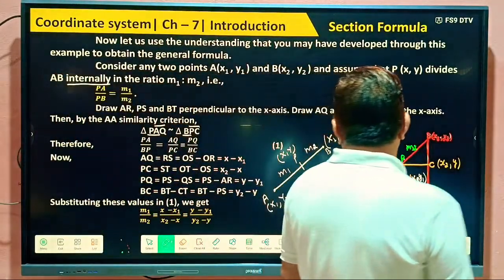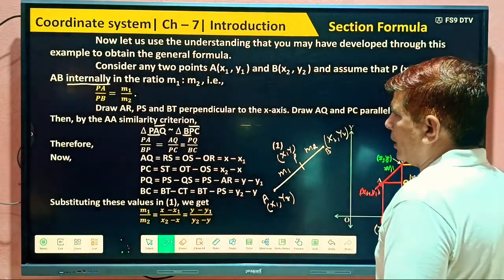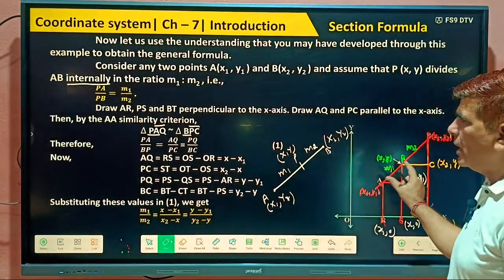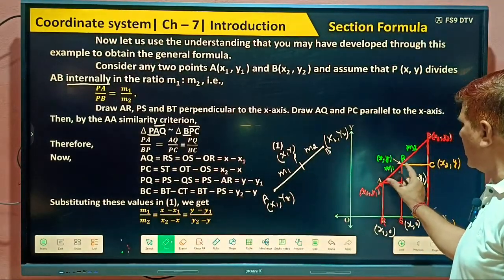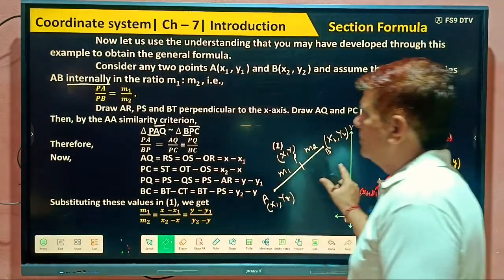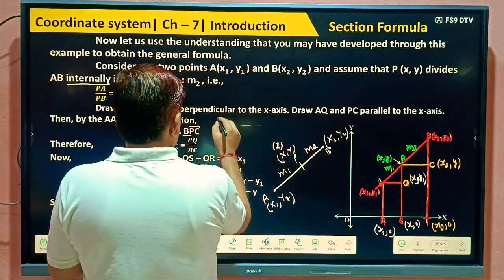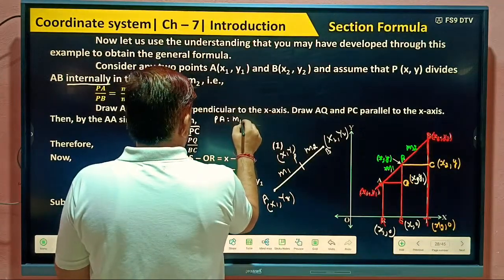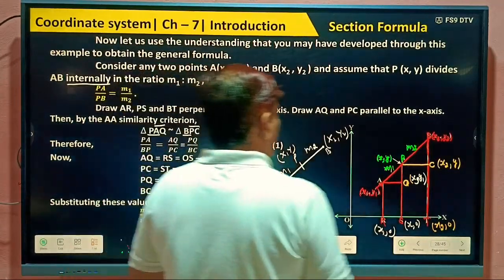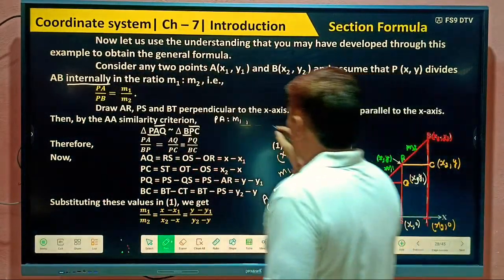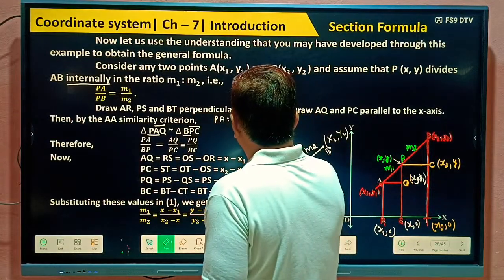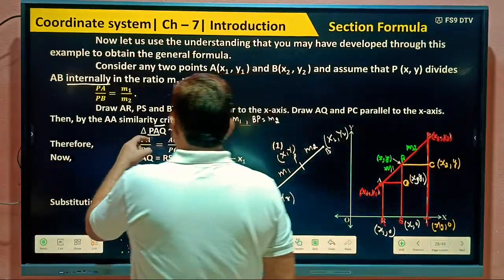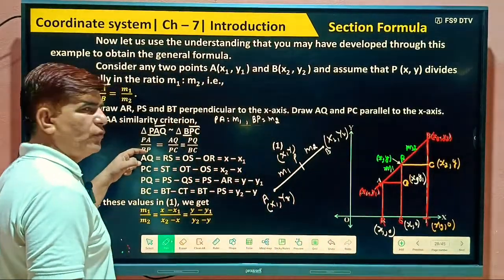Understood? Now we can find PA. PA equals m1, and BP equals m2. This value you need to find.